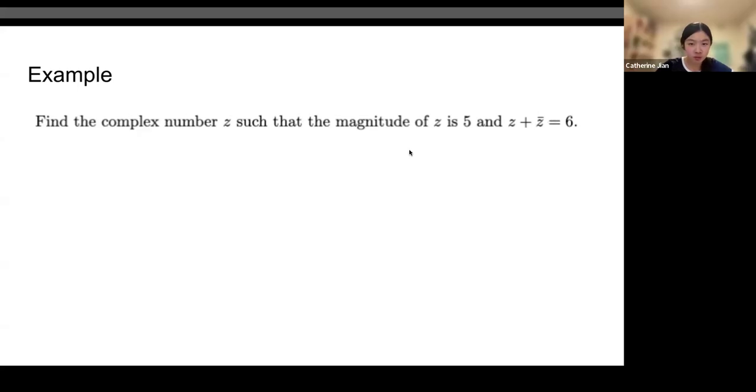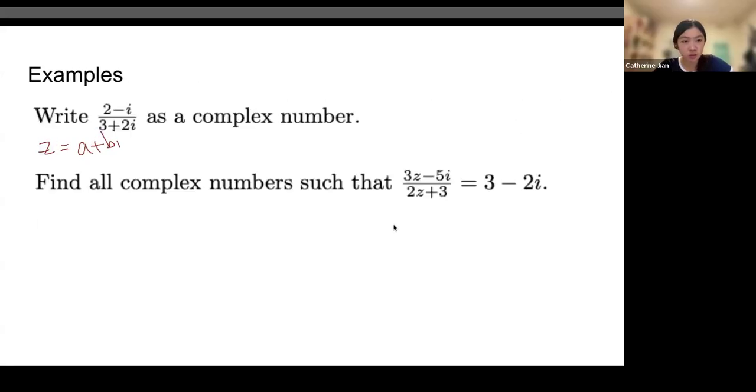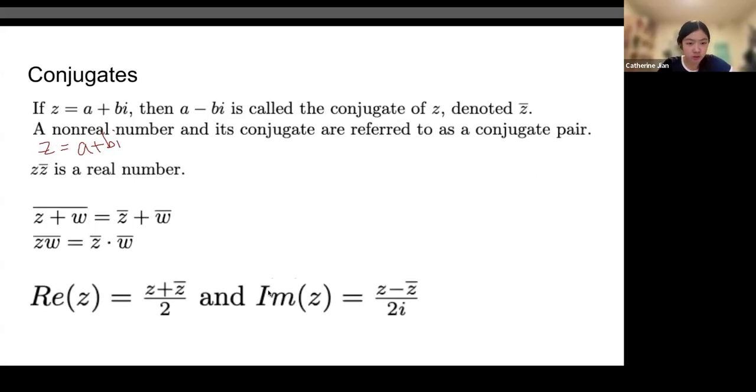But yeah, so a pretty good way to do these is letting z equal a plus bi. And then we can use this property down here, if anyone remembers it: the real part of z is equal to z plus the conjugate of z over 2. We can use that to solve this problem.